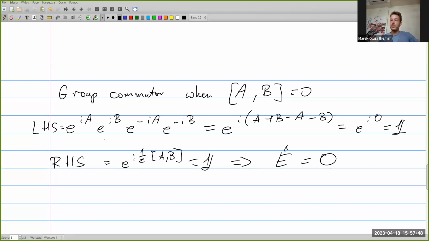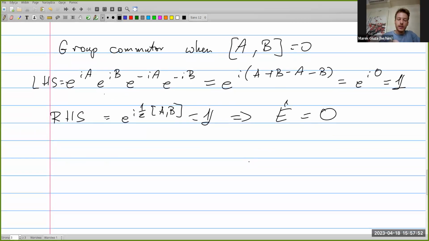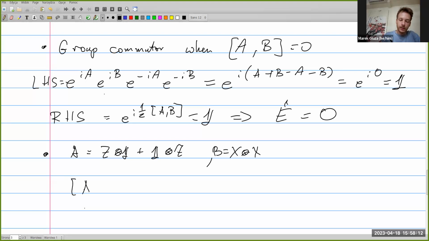Now, if it's not 0, then we get something more interesting. So let's consider A is Z tensor identity plus 1 tensor Z, and then B will be X tensor X. What is the commutator of A B?